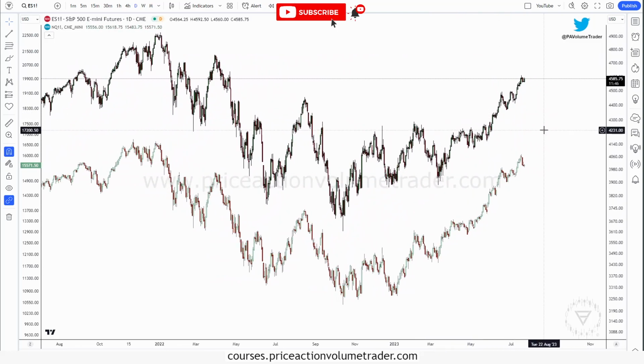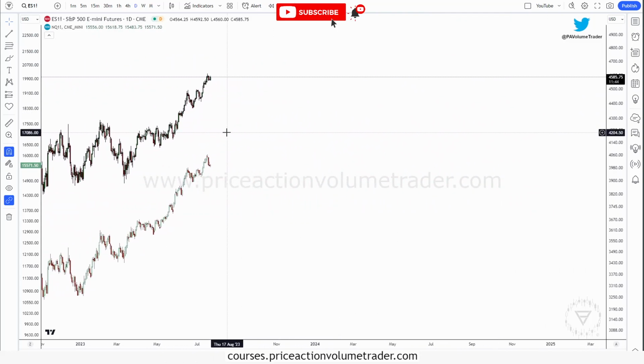So first, let's talk in general. What are market correlations? A correlation is a statistical measure that determines how assets move in relation to one another. You can use this in a variety of different markets like stocks, Forex, index futures, etc. In general, correlations are measured from -1 to +1.